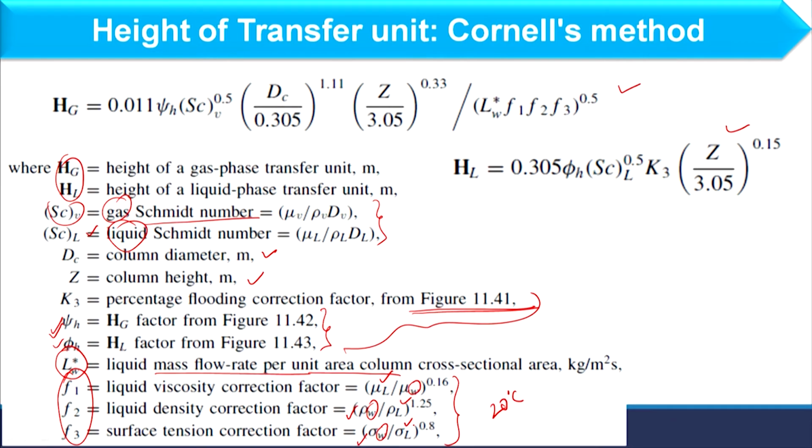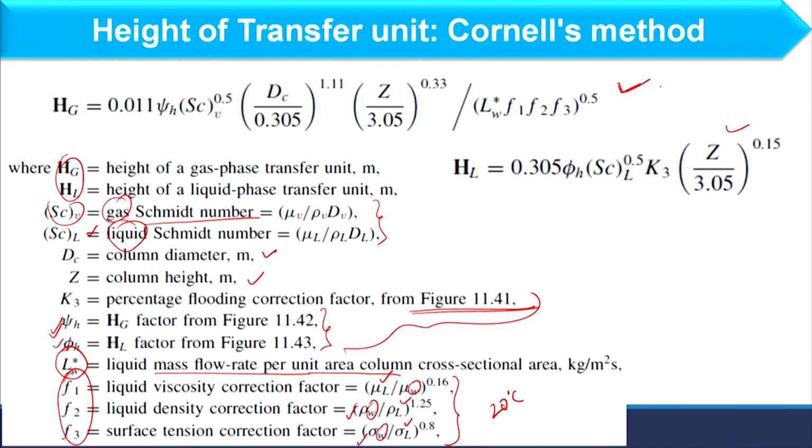So, F1, F2, F3 will be used when you have a solvent other than water. If it is water, you can consider all these values equal to 1. Once you have these values, you can obtain Hg as well as HL. Here we should consider the K3, phi and psi values.